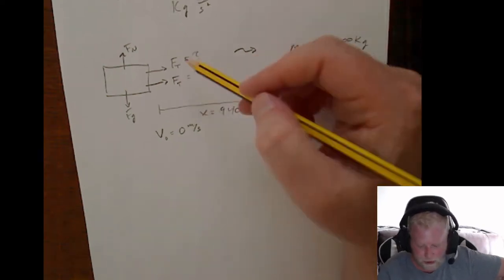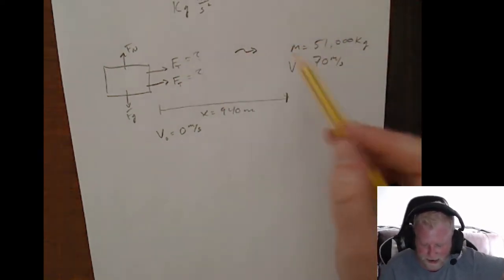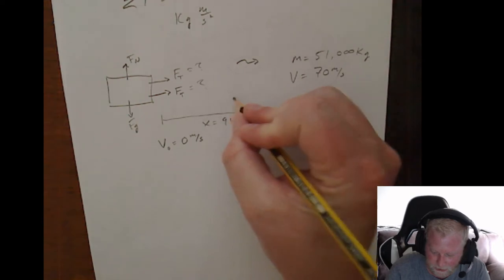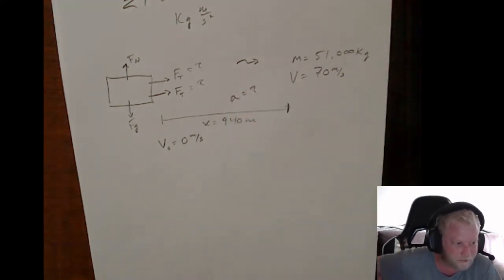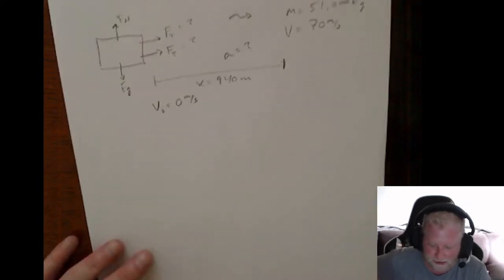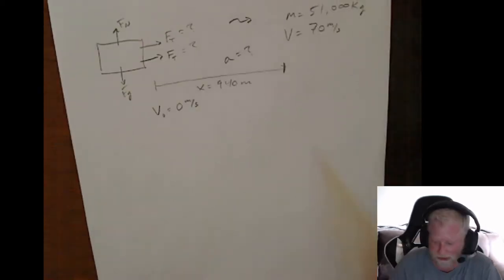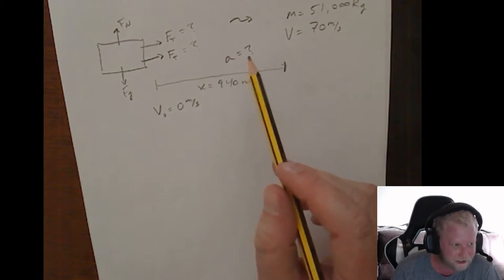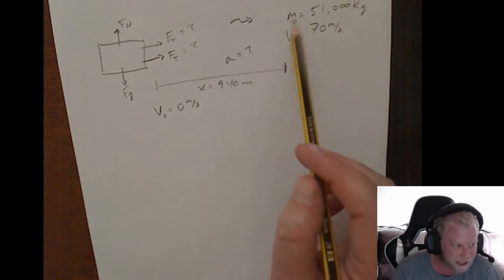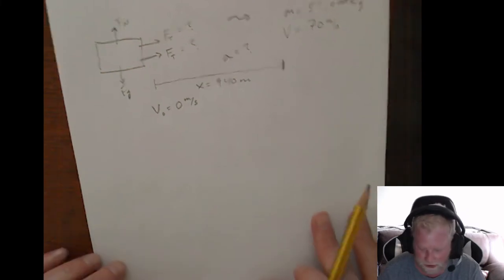If we want these forces, we've got a mass, but we're going to need to know the acceleration of that airplane. So that's our first goal here. We've got all of the kinematic values we need to find acceleration, so then we can use that combined with the mass to find our thrust.